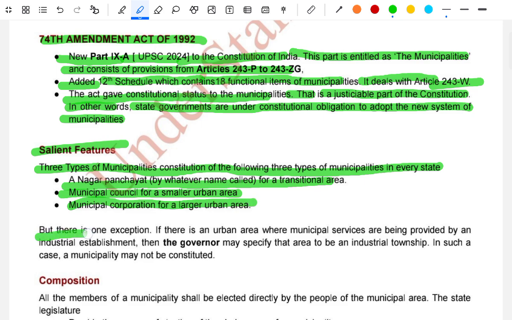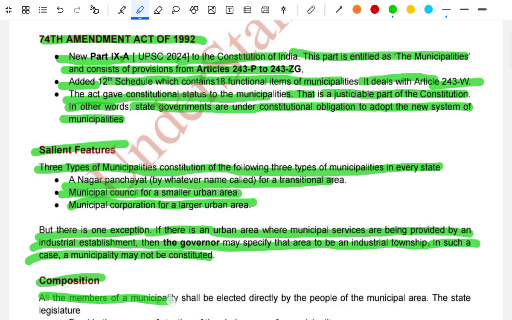But there is one exception. If there is an urban area where municipal services are being provided by an industrial establishment, the Governor may specify that area to be an industrial township. In such a case, a municipality may not be constituted.